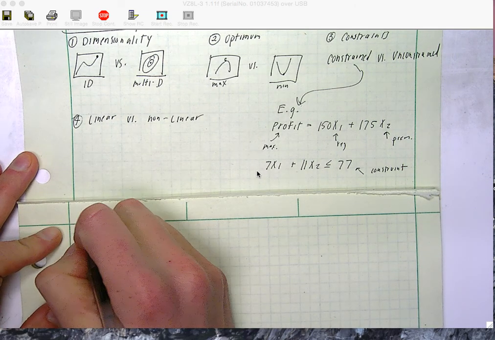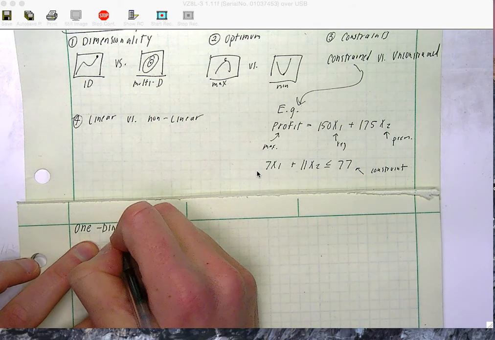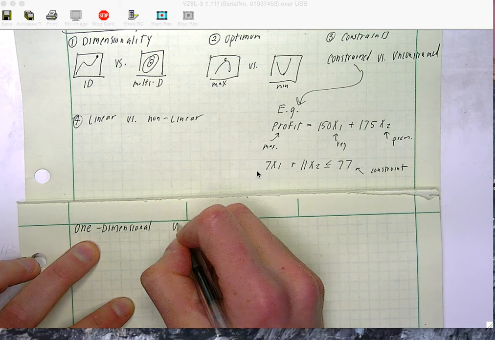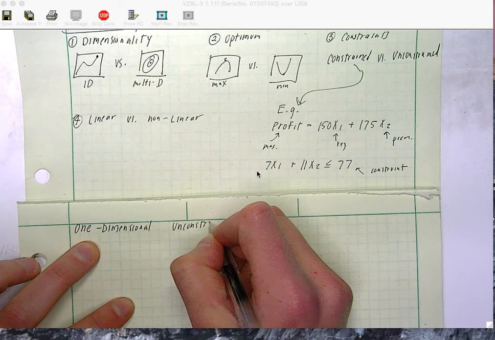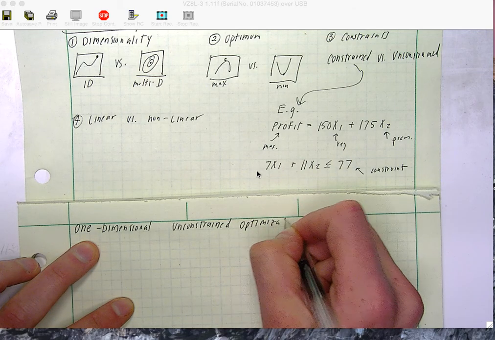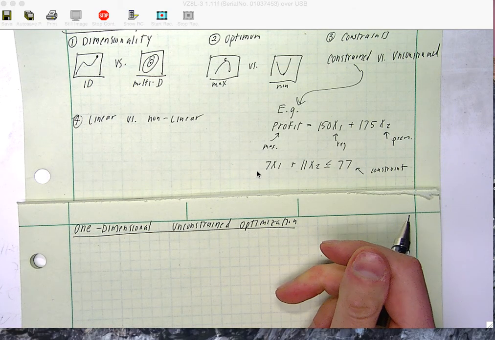So what we're going to be writing in this class for topic 12 is a one-dimensional, unconstrained optimization code.